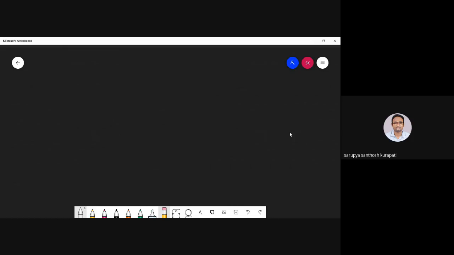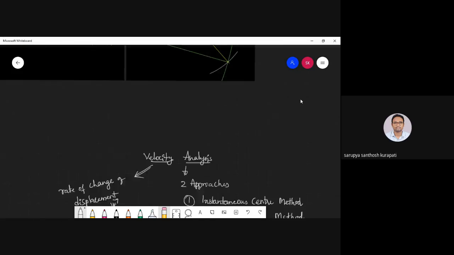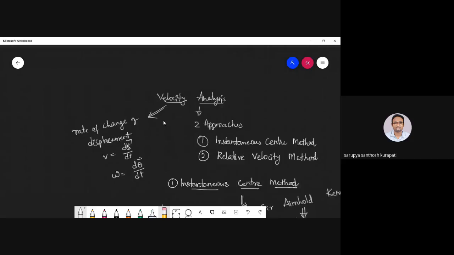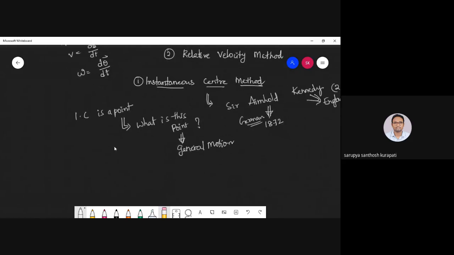So general motion is nothing but a combination of rotation plus translation. What they observed, I'll give you two instances.